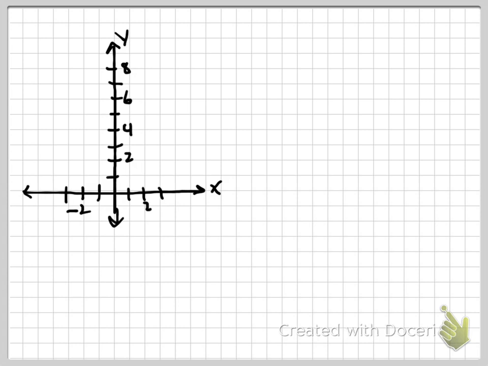All right, so here's what I need you guys to do. Help me out. What's the first ordered pair? 1, 2. So 1, 2. Okay, second ordered pair. -3, 5. Okay, third ordered pair. What was it? 2, 7. Okay, and the last ordered pair?